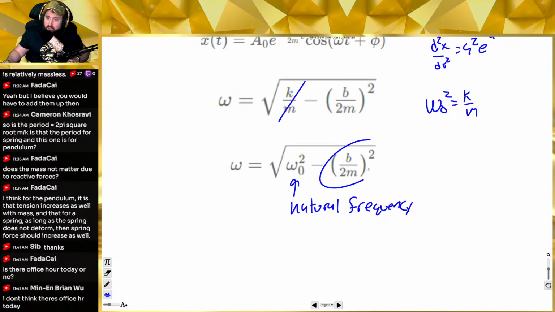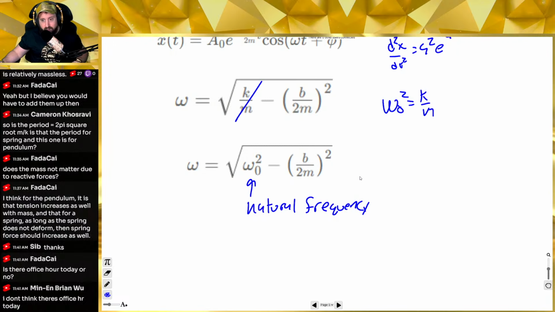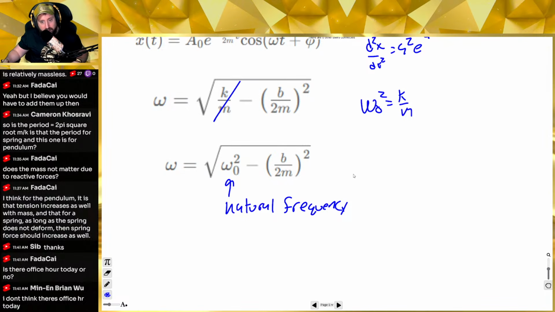And then if this term is any bigger, then you get the square root of a negative number, and this becomes imaginary, which is bad. So there's some cool stuff here. We have a couple cases.